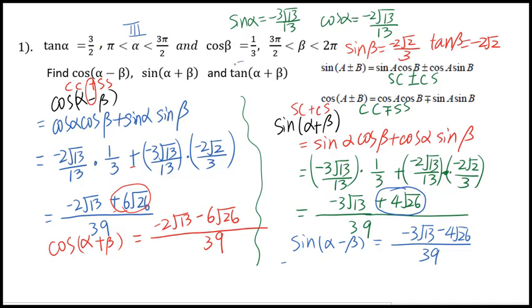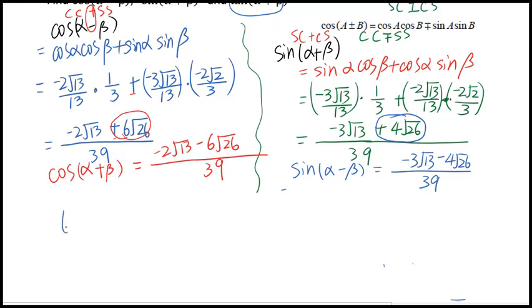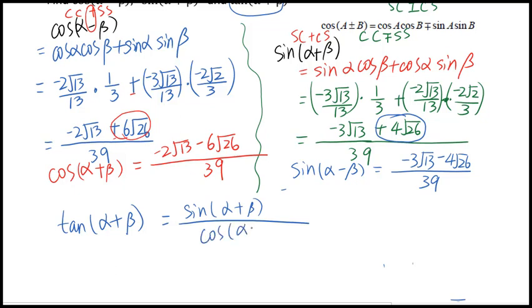We are looking for tangent alpha plus beta. So tangent alpha plus beta equals sine alpha plus beta over cosine alpha plus beta. You will get 39 as denominator, -3 square root of 13 plus 4 square root of 26.